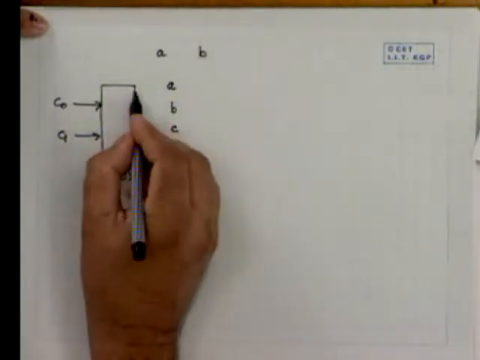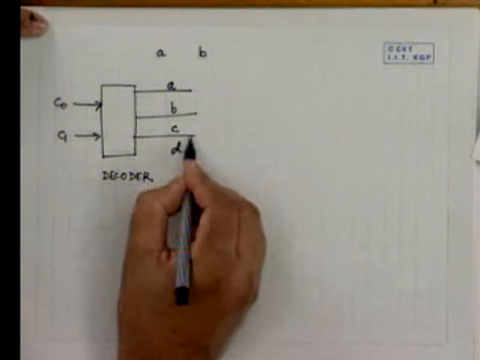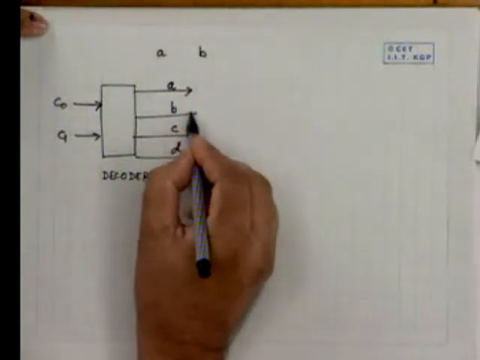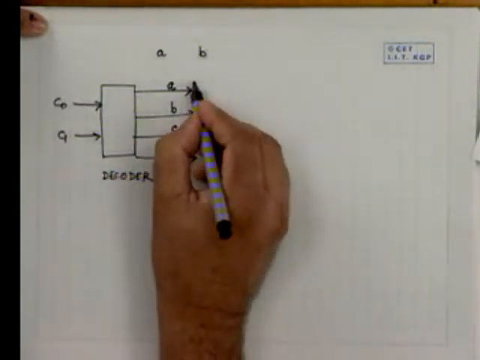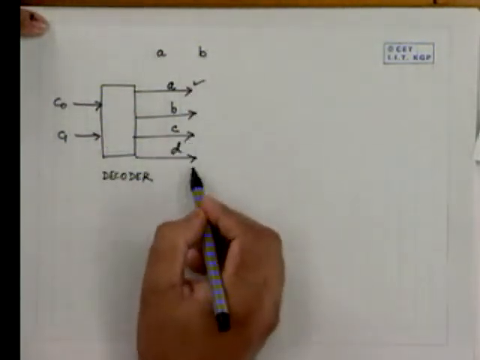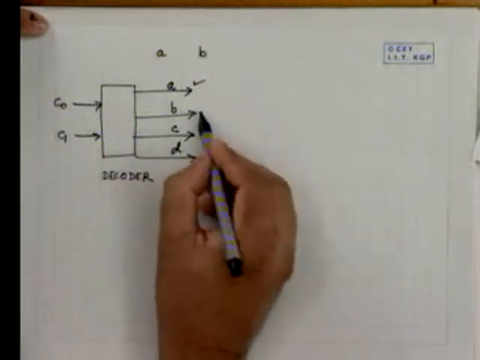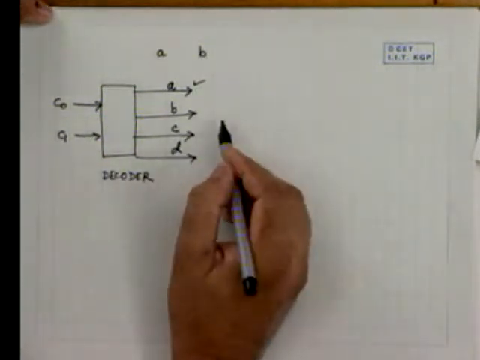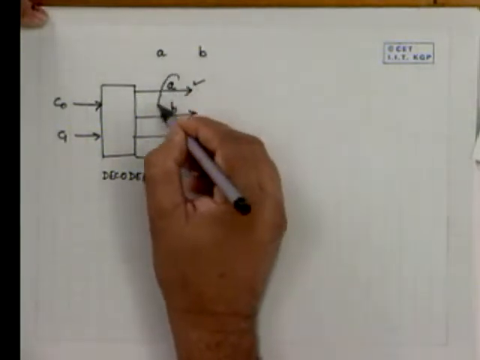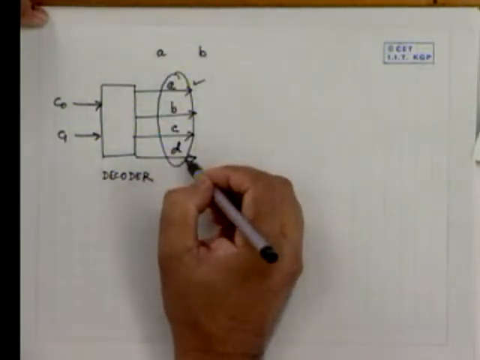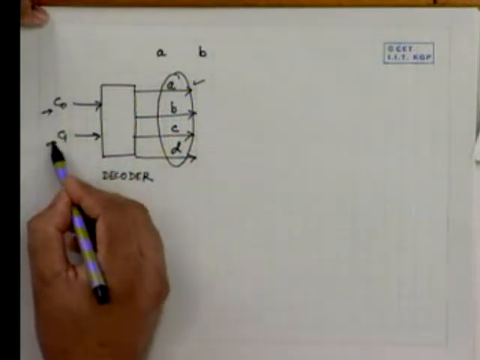The output of the decoder has 4 lines, say A, B, C, D. If it is 0, 0, then A is high, others are low. If it is 0, 1, then B is high, others are low, and so on. Therefore, we can encode these 4 control points A, B, C, D by means of 2 bits C0 and C1.